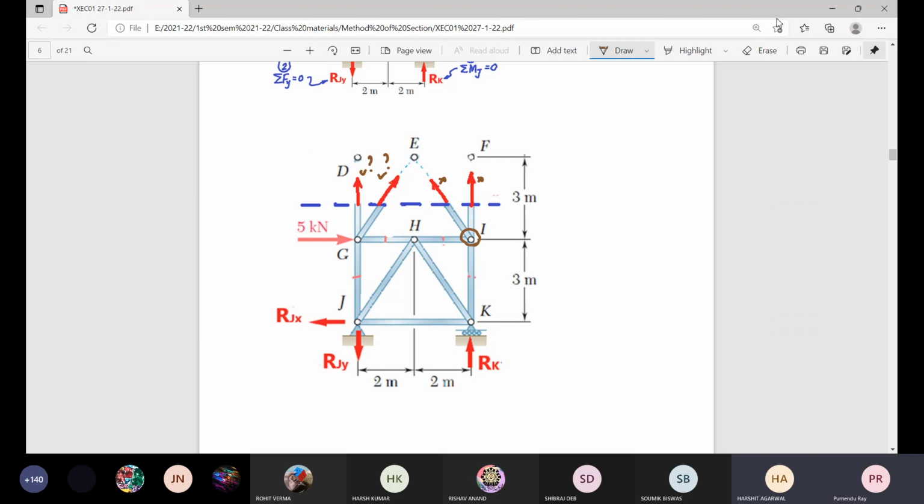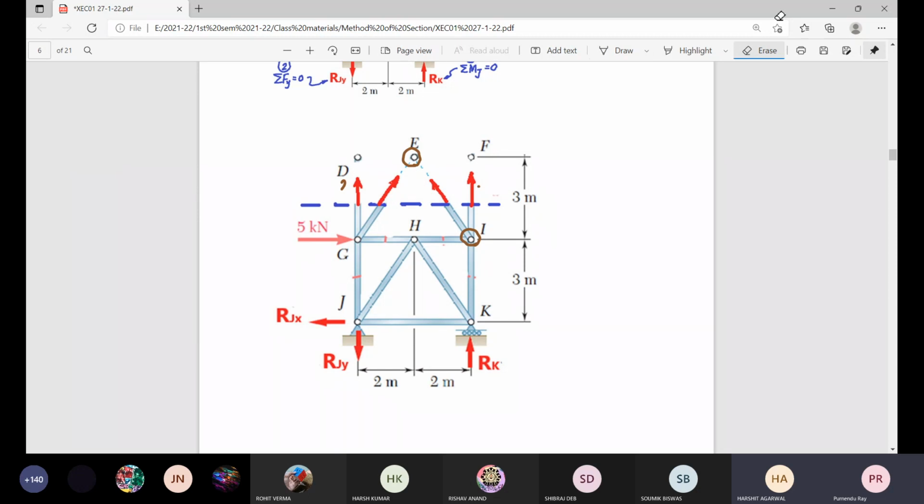You cannot solve it directly from that equation. And if we consider sigma ME equal to 0, it eliminates this one and this one, but these two remain unknown. So you cannot get three independent homogeneous equations which can help you to solve this.